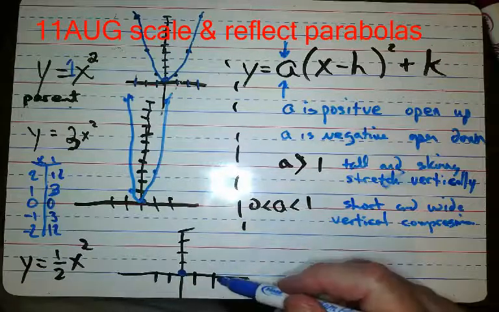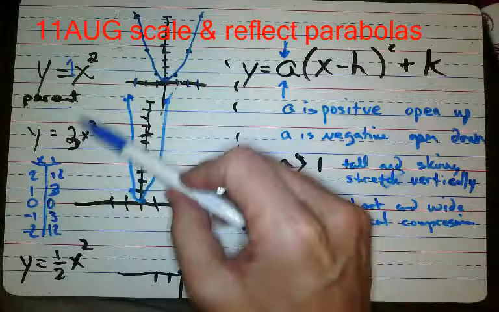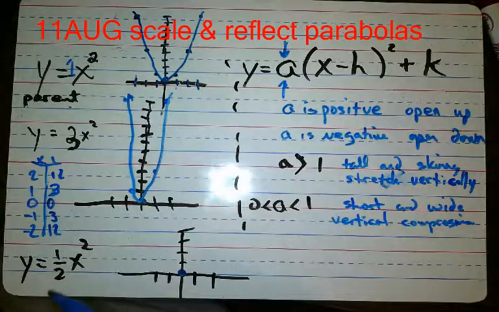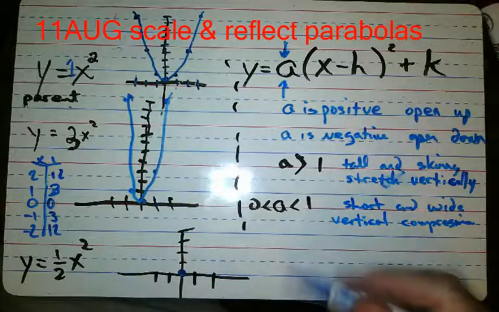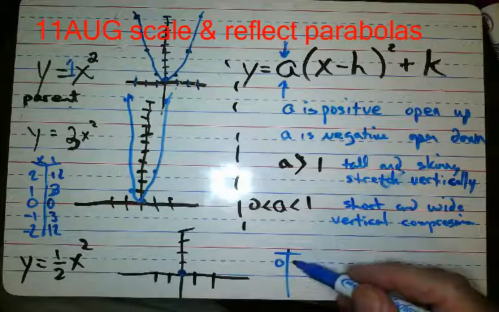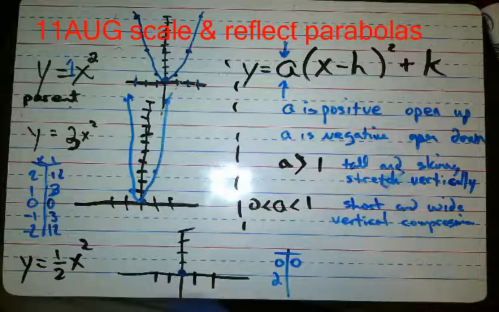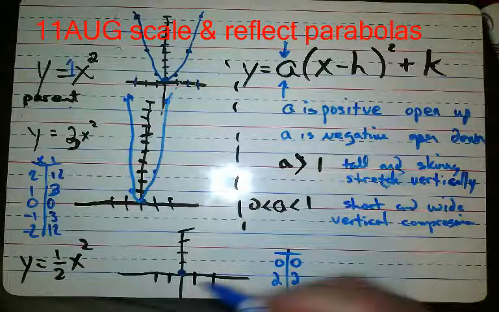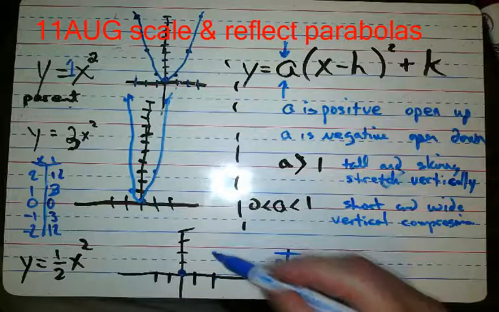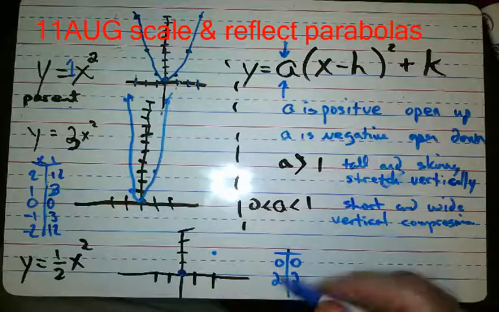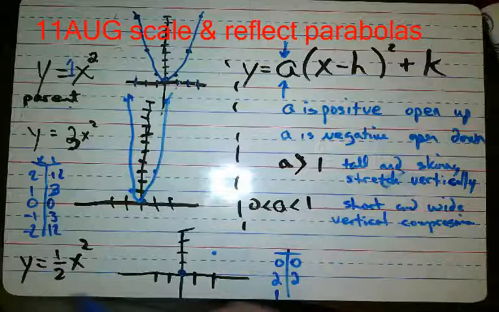Let's do 2, because when I do 2 squared, I get 4. If I put 0 in, I got 0 out. Putting 2 in, 2 squared is 4, half of 4 is 2. Go over 2, up 2. And then 1 would be over 1 up a half.